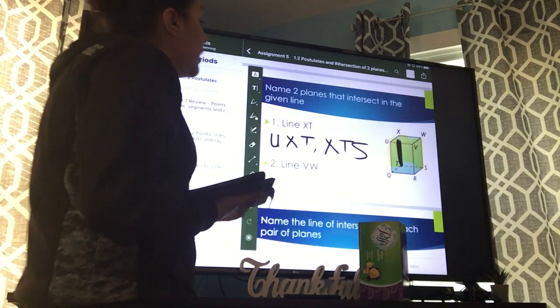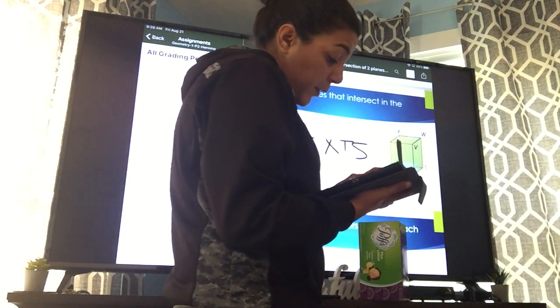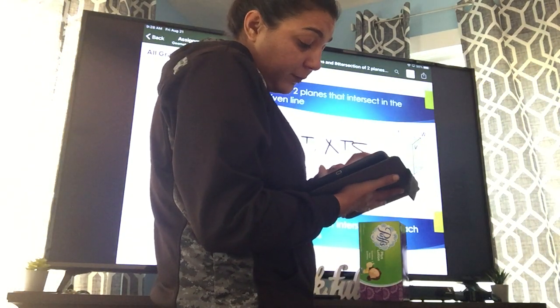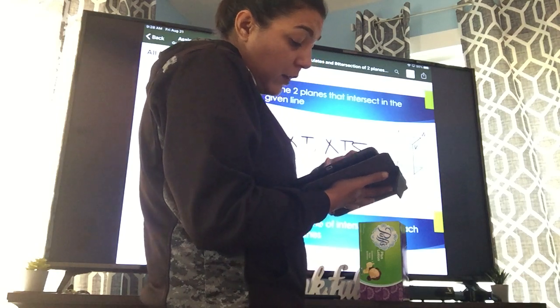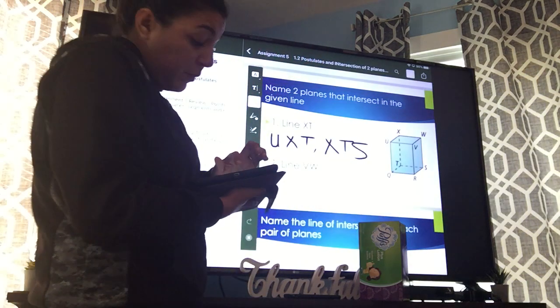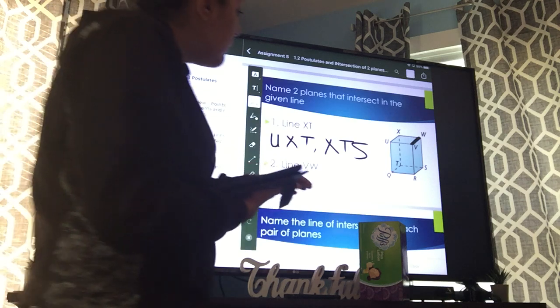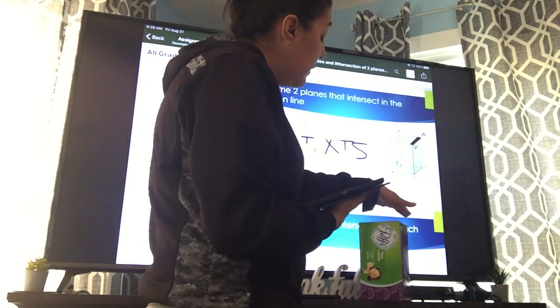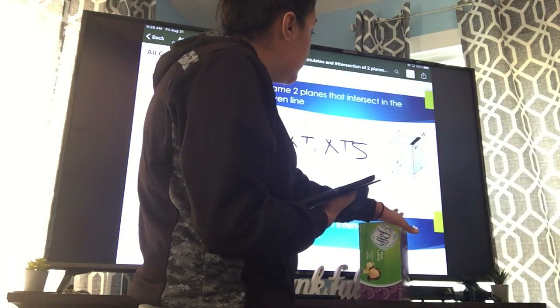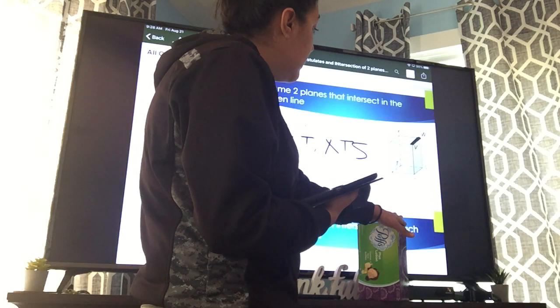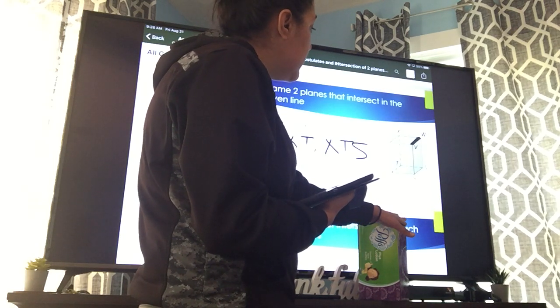Line VW is going to be, let me erase my little picture. Line VW is going to be this line up here. So if we're looking at our Kleenex box, that's this line. And they say, well, what two planes touch that line? This one's kind of easy to see.